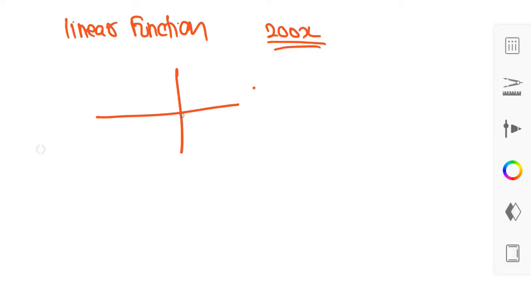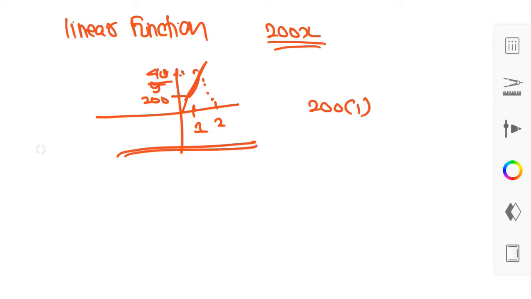This means for every increase in x by 1, our y-axis will increase by 200. At x equal to 1 we get 200, and at x equal to 2 we get a value of 400. So this is basically a linear function.